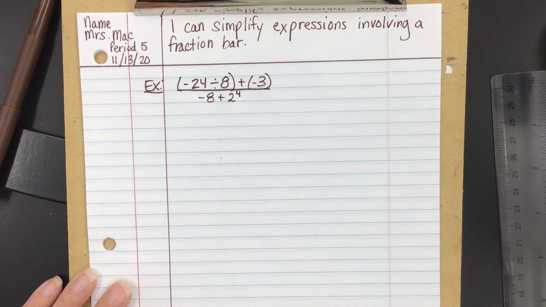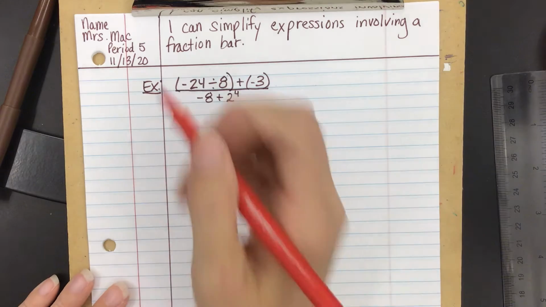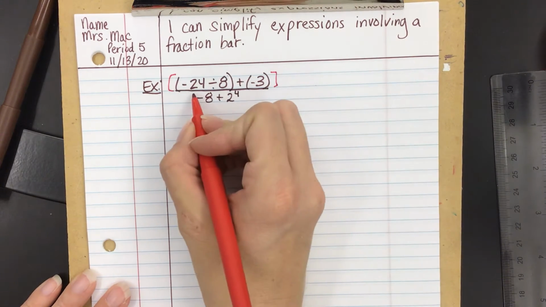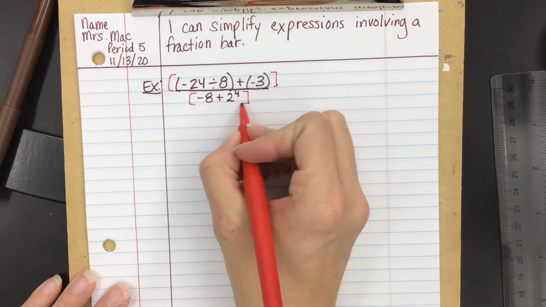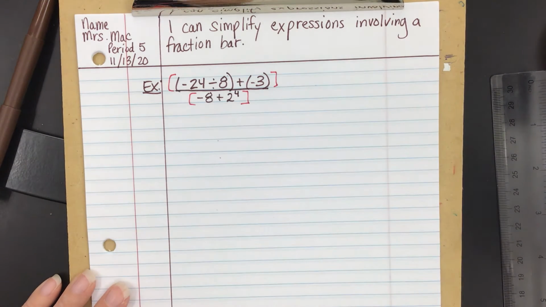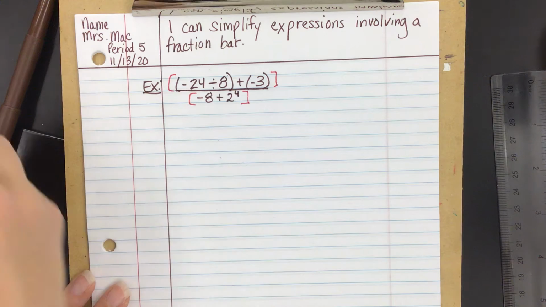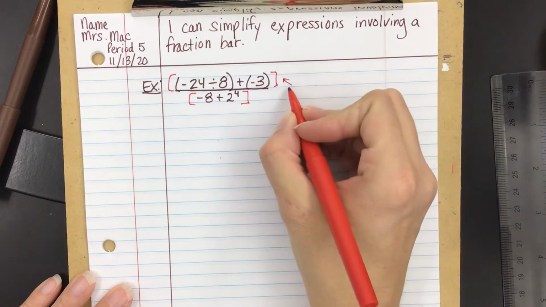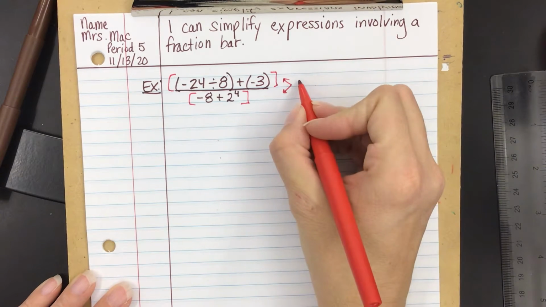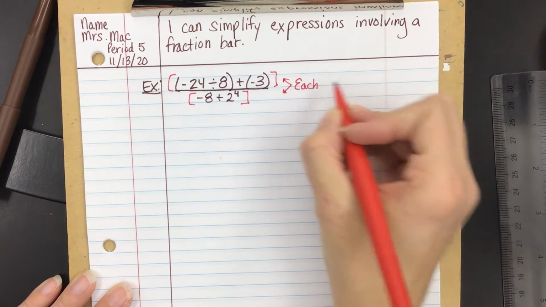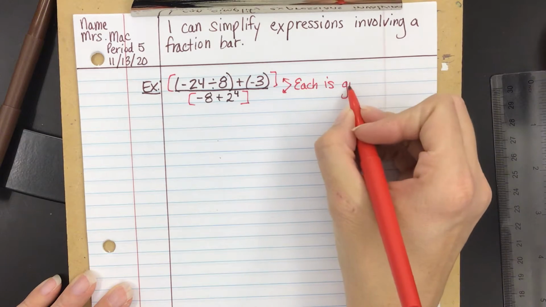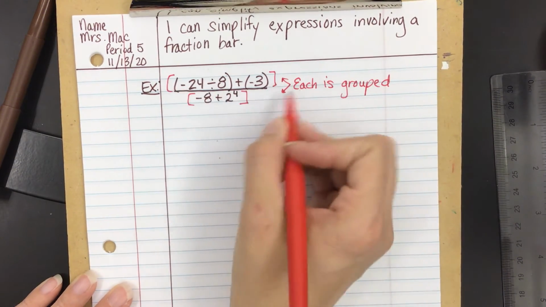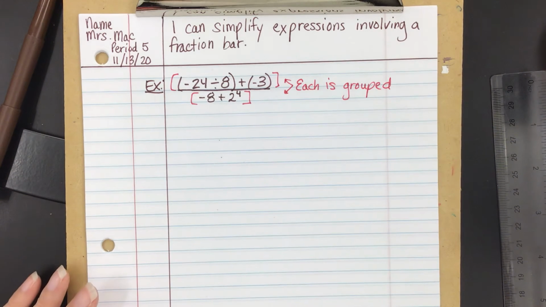So whenever you have a fraction bar, you're going to completely simplify the top and completely simplify the bottom before you do anything else. The numerator is all grouped together and the denominator is all grouped together.